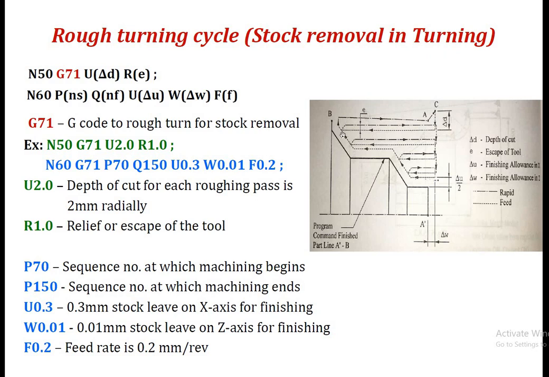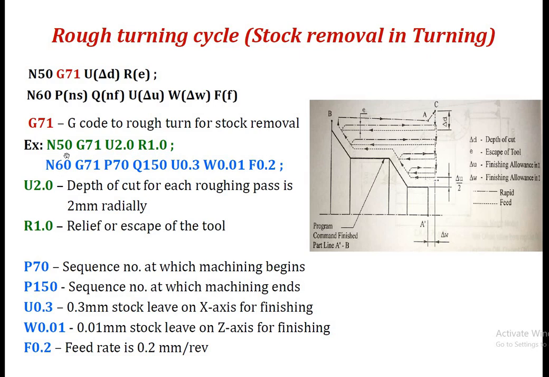In this figure you can see this distance E, the distance by which the tool escapes from the cutting material and moves back to its original position for the second pass. The distance by which the cutting tool escapes from the raw material is nothing but the relief or escape of the tool. So R indicates relief or escape of the tool. In this example, I have taken 1.0, so 1 mm is the relief or escape of the tool from the raw material.